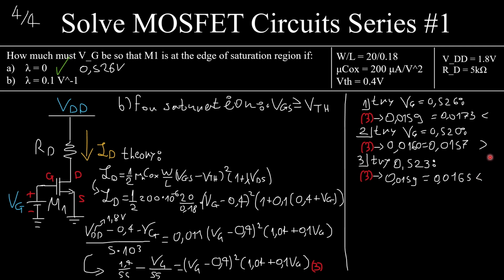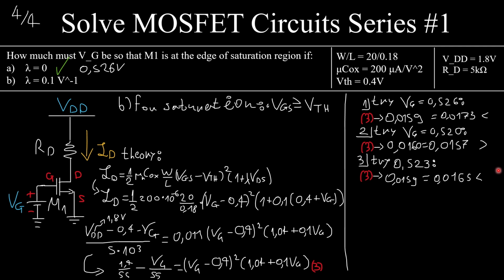So now I can check in a much smaller area, between this 520 and this 523. The area where I look is much smaller.